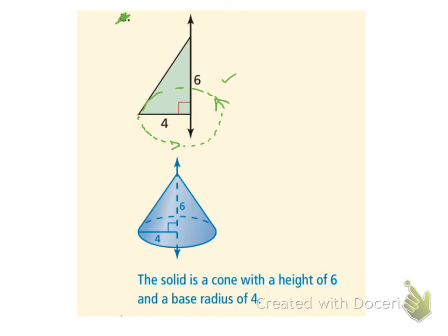When I rotate it and fill the space, all the area covered by this triangle becomes a cone with the same height and the same radius. You see the height is 6, that's the same here, height is 6, and the radius is 4 of the triangle, so the base is 4, that becomes the radius of the cone here. So I hope you get it.